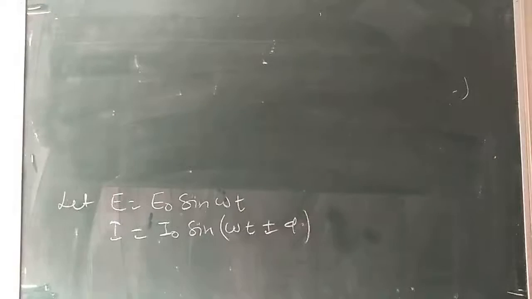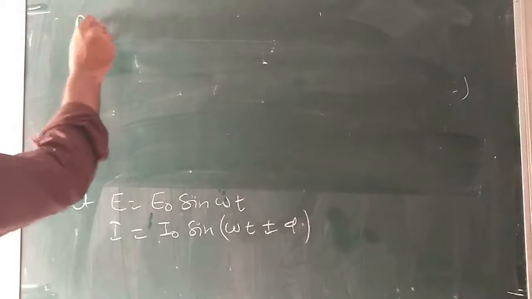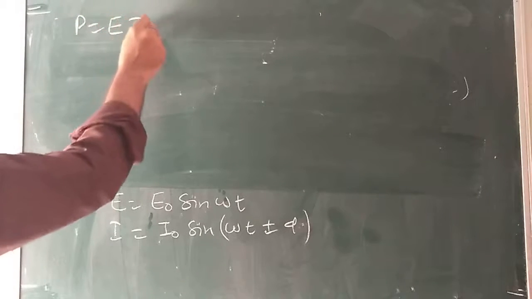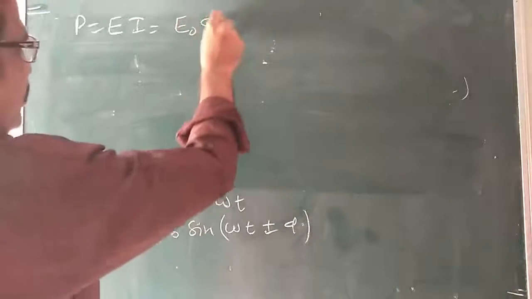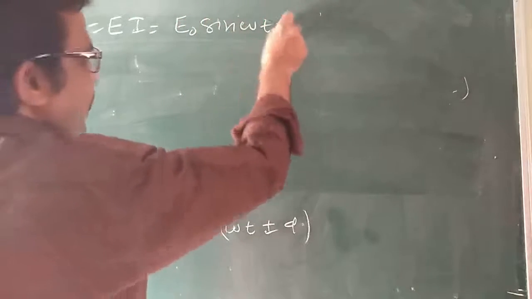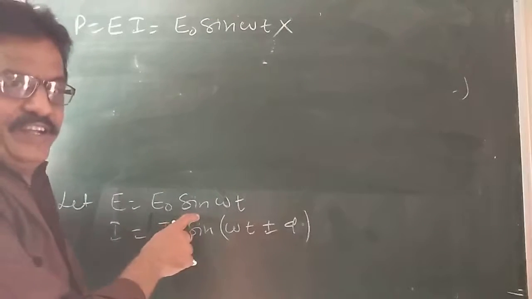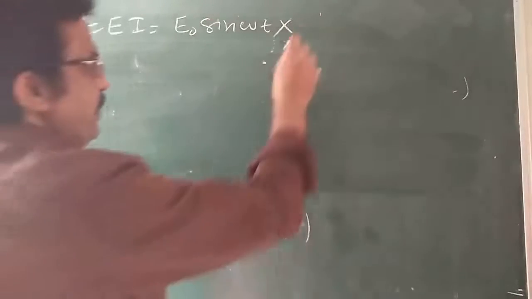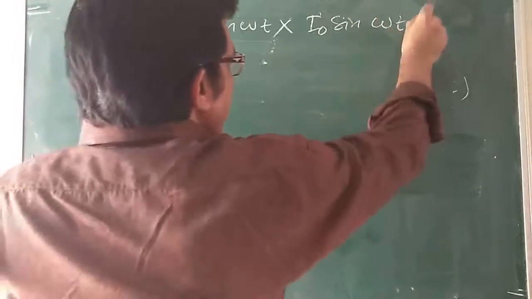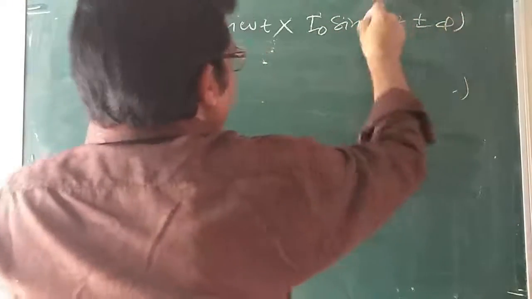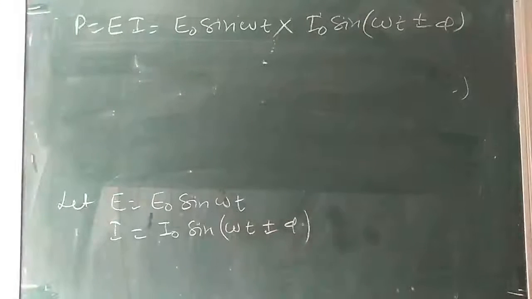The instantaneous power P is equal to E into I, that is equal to E naught sine omega t. Is it clear from here? And the value of current is I naught sine omega t plus minus phi. This is the product of these two.